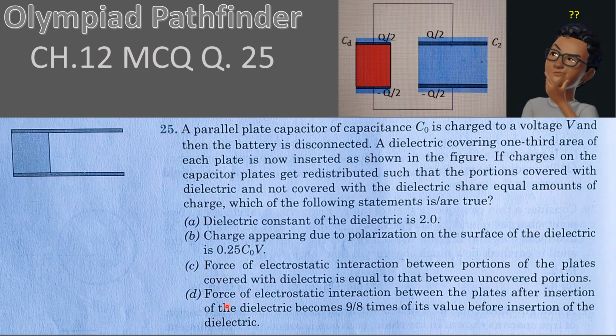And the D option is force of electrostatic interaction between the plates after insertion of the dielectric becomes 9 by 8 times of its value before insertion of dielectric.